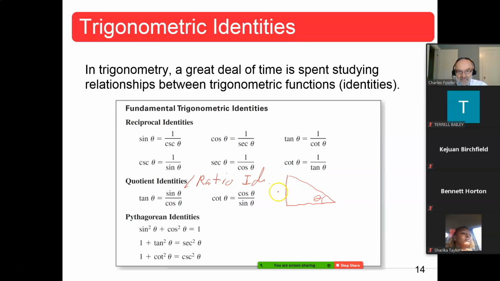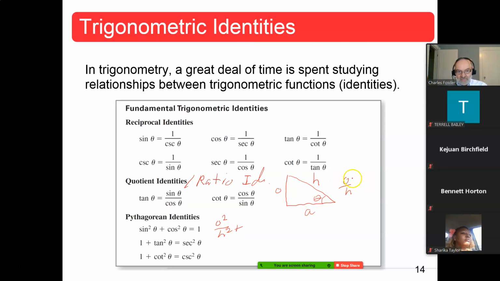This is the opposite side, the adjacent side, and the hypotenuse. Everybody agreed? What is sine? Sine is opposite over hypotenuse. What's sine squared? That would be opposite squared over hypotenuse squared.